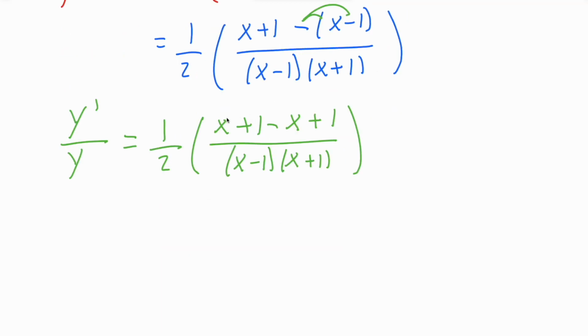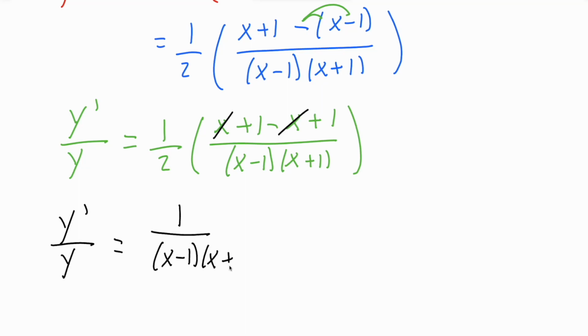So a positive x and a negative x cancel out. We get 2, since 1 plus 1 is 2, and 2 divided by 2 is 1. So now we have y prime divided by y is equal to 1 divided by (x minus 1)(x plus 1).